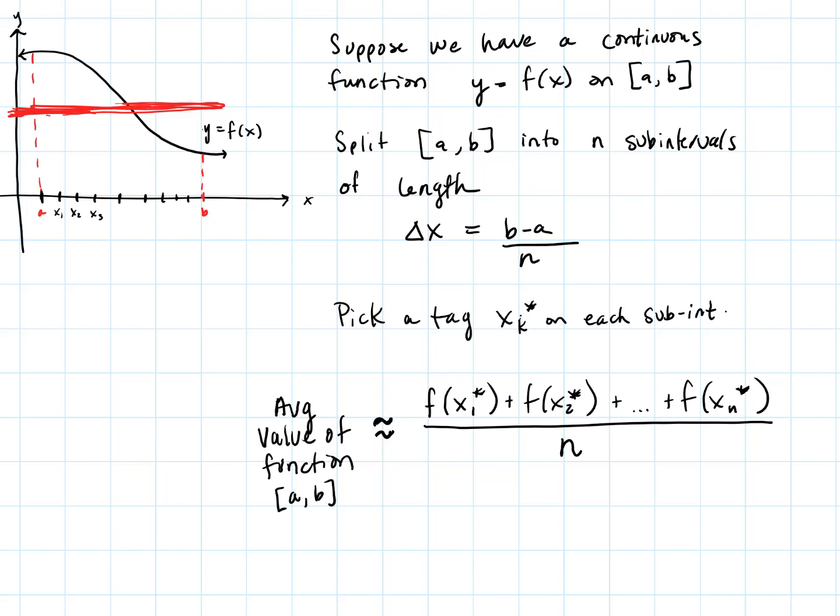But I want you to take note right here that our n could be written as b minus a over delta x. So I could actually replace this n right here with b minus a over delta x.